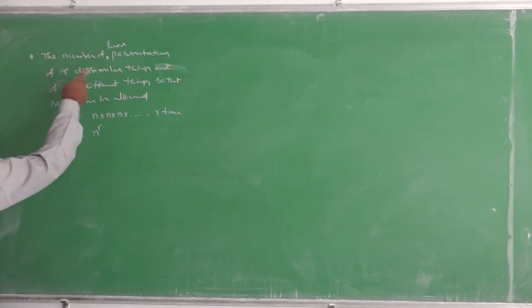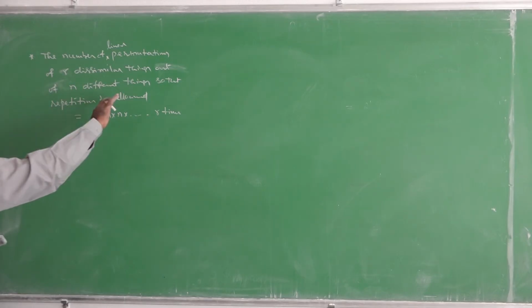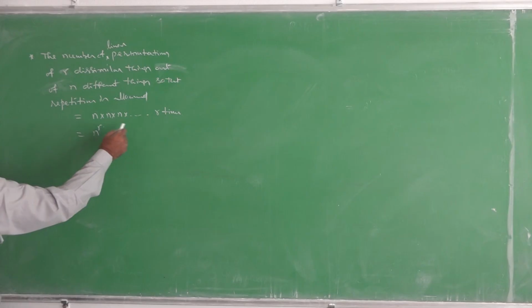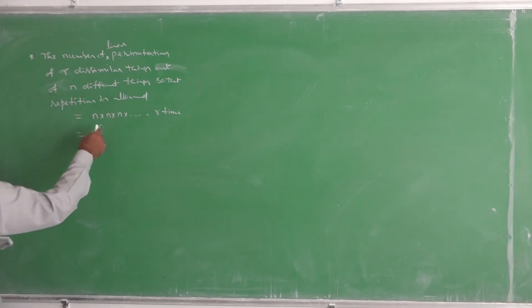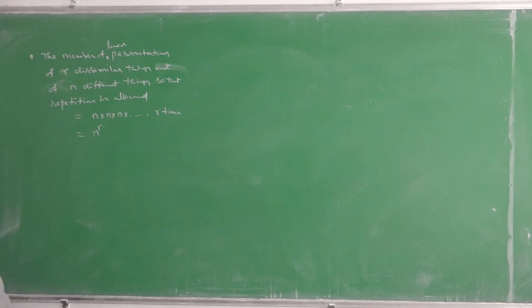The number of linear permutations of n dissimilar things taken all at a time is n into n into n, n times, because r is n in such a case, that is n power n itself, taking r equal to n.